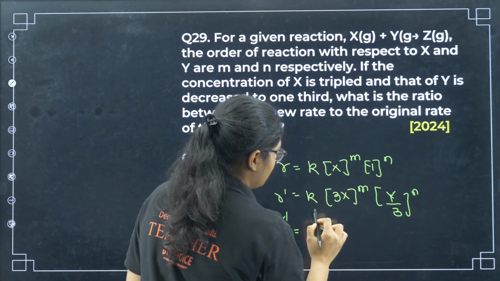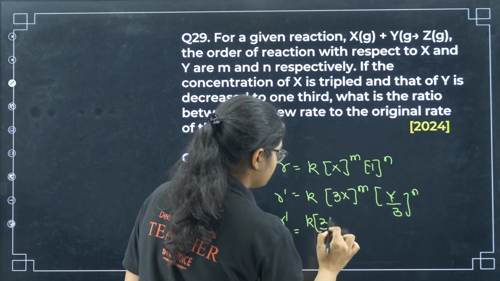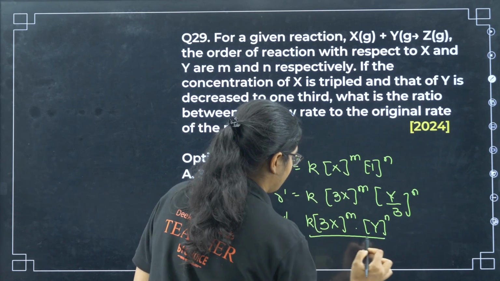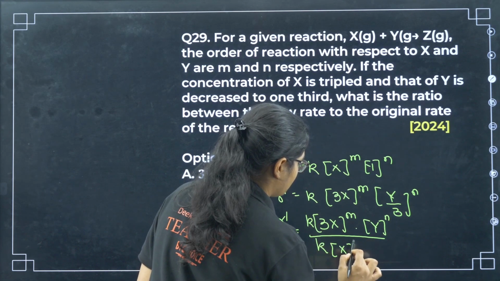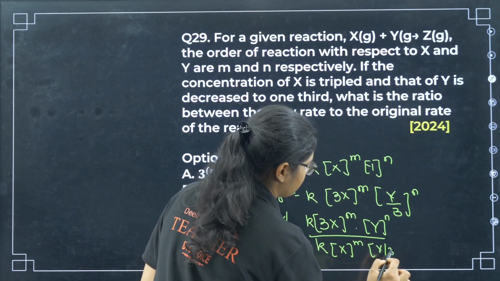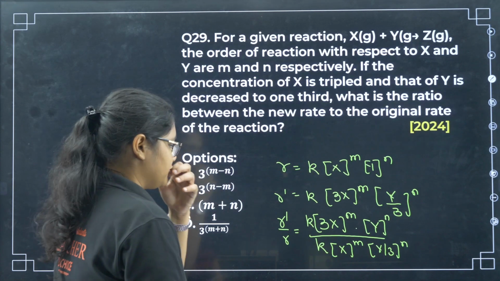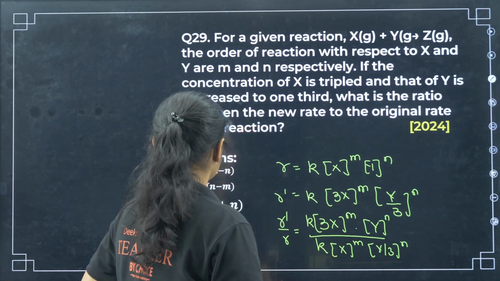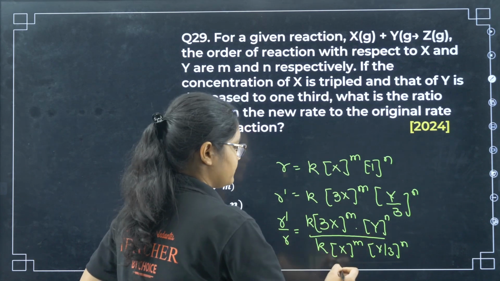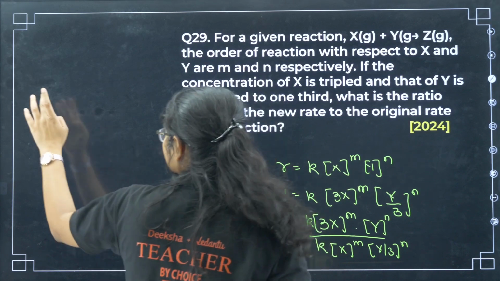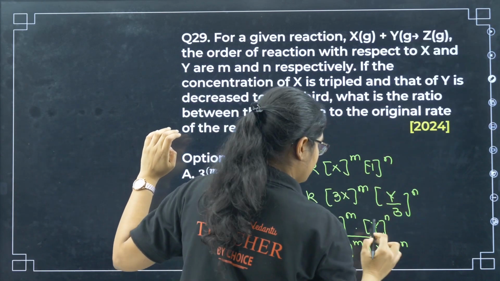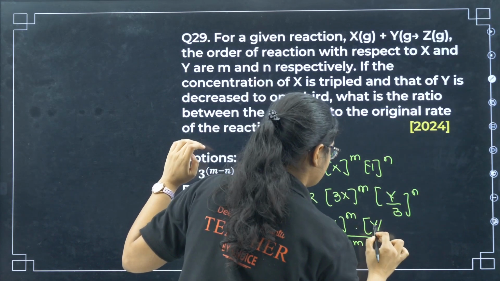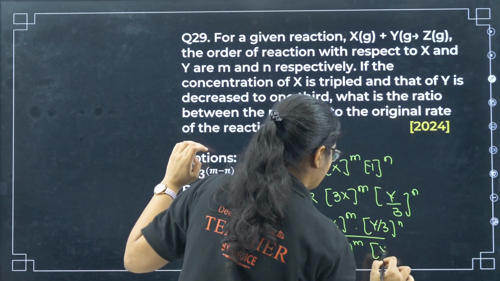So I will have k into 3x to the power of m, y to the power of n, whole divided by x to the power of m, and I have y by 3 to the power of n, right? Now here I made a mistake, this is y by 3 to the power of n and y to the power of n.